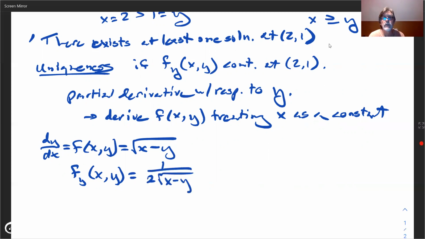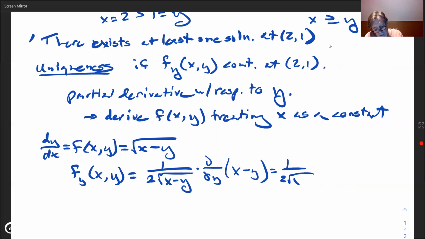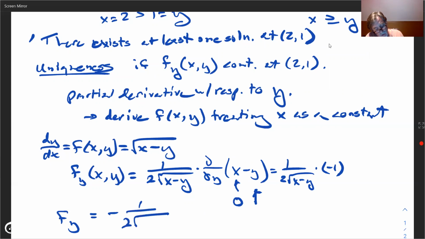And you'd like to be done, but you're not, because now you got to derive the partial derivative with respect to y of x minus y. So you treat x as a constant, okay? And what we're going to get is 1 over twice the square root of x minus y times, well, the derivative of a constant is 0. The derivative of y, the live variable, is just a -1. So f sub y is equal to -1 over 2 square root of x minus y.